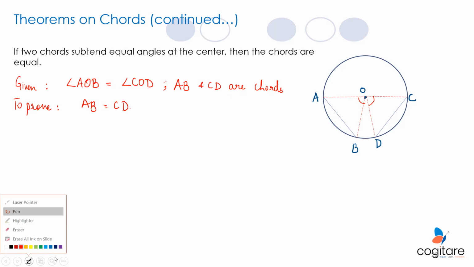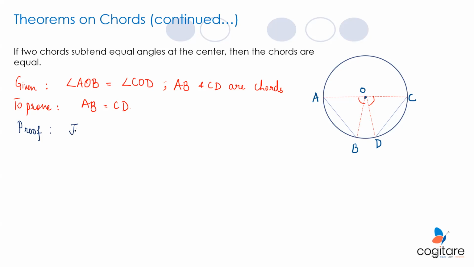Can you pause and try it on your own, folks? Okay, assuming you just guessed the postulate, which you could use to prove. Let's first join OA, OB, OC, and OD. Right after that, everything becomes very simple, which is the fact that these are the radii, so they are all equal.